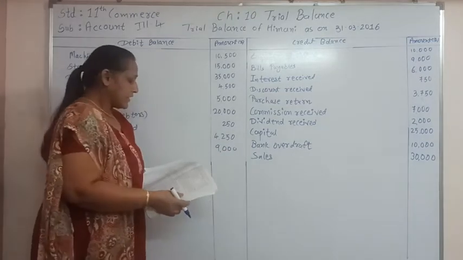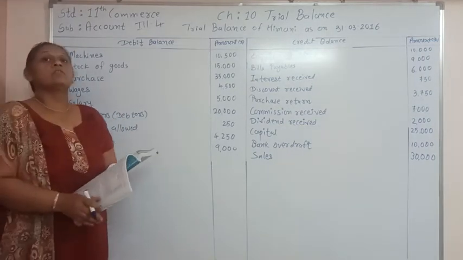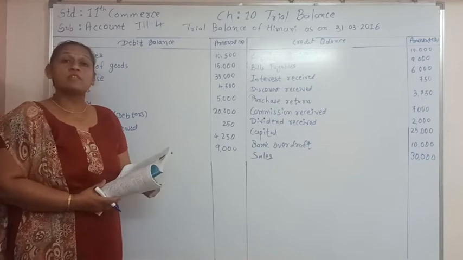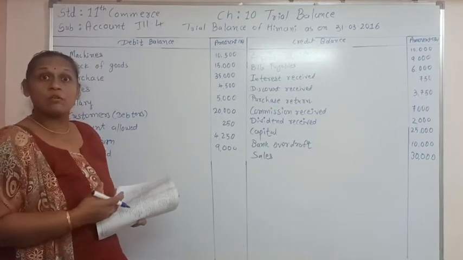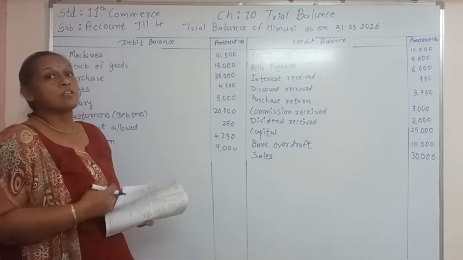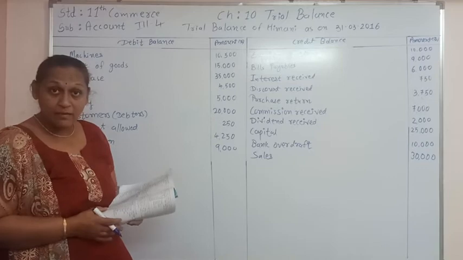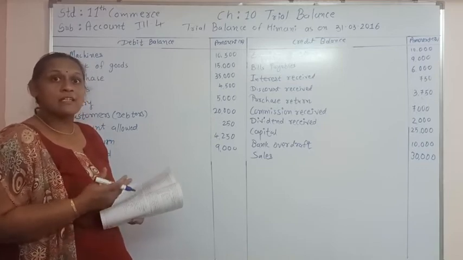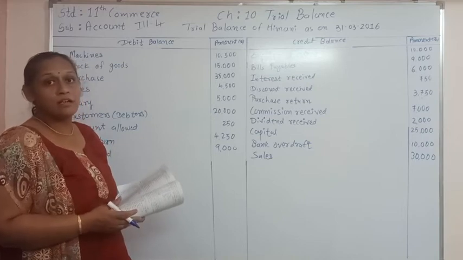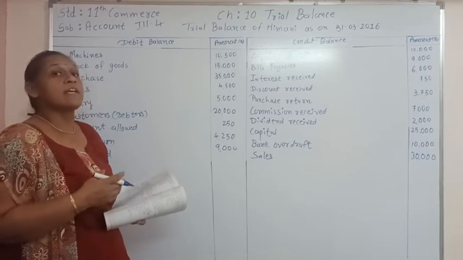So here we can see that we have changed the sides of some accounts, but the total of both sides is the same. Before, the trial balance was mathematically correct because both side totals tallied, that is, debit side balance and credit side balance were the same, but according to the rules of accounts it was incorrect.